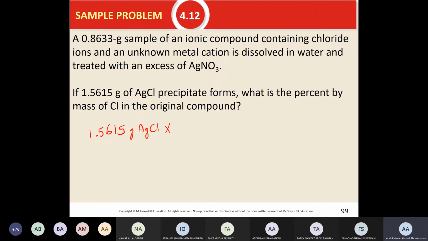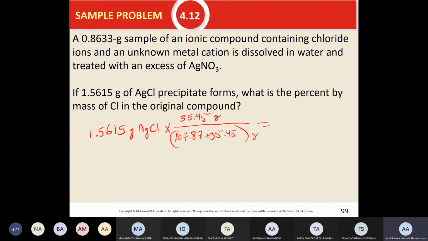You multiply by the mass of chlorine, 35.45, over the mass of chlorine plus the mass of Ag, which is 107.87 plus 35.45. This way you have the answer.